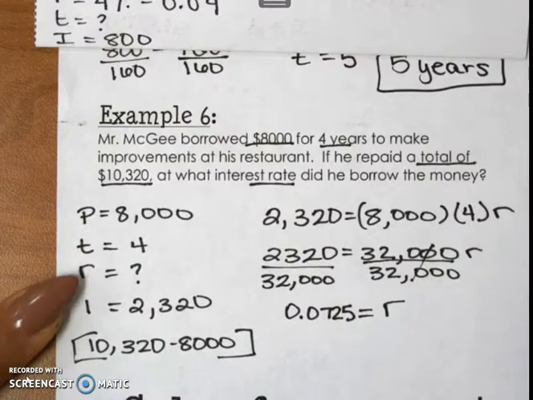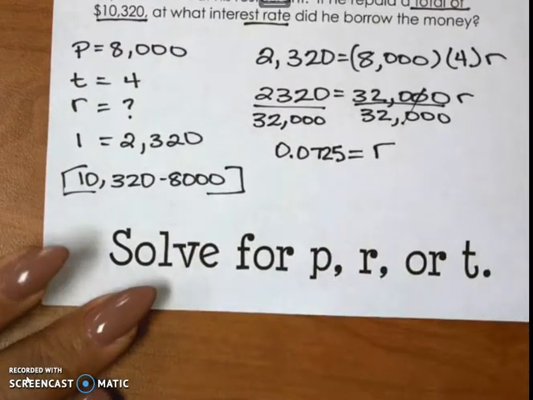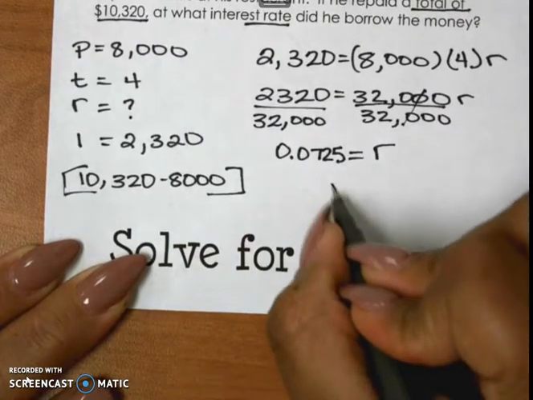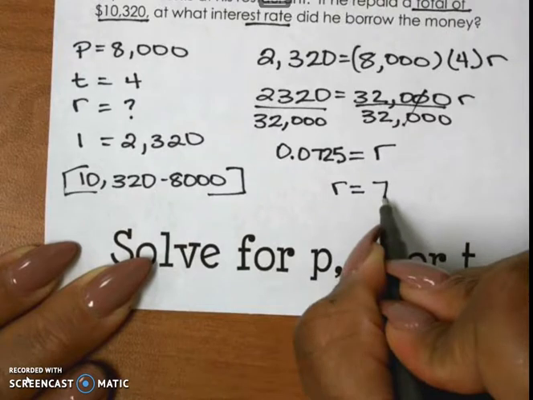When they ask for rate, I need to present that in a percentage. So my rate is equal to, I move 2 times to the right now, 7.25%.